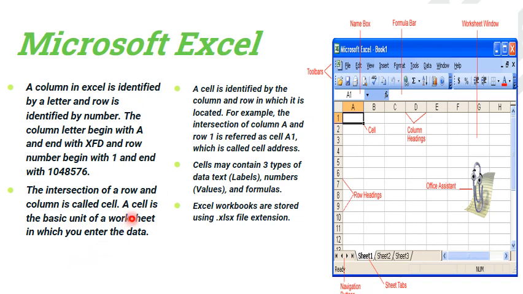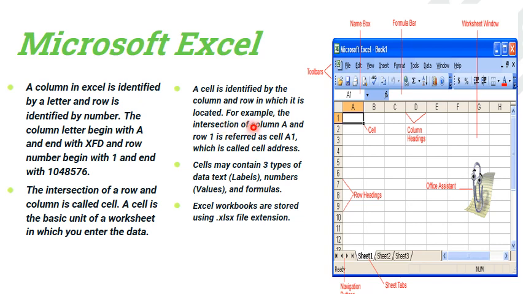The intersection of a row and column is called a cell. A cell is the basic unit of a worksheet in which you enter the data. This is the cell in which you can enter the data. This is the intersection of the column and row. A cell is identified by the column and row in which it is located.